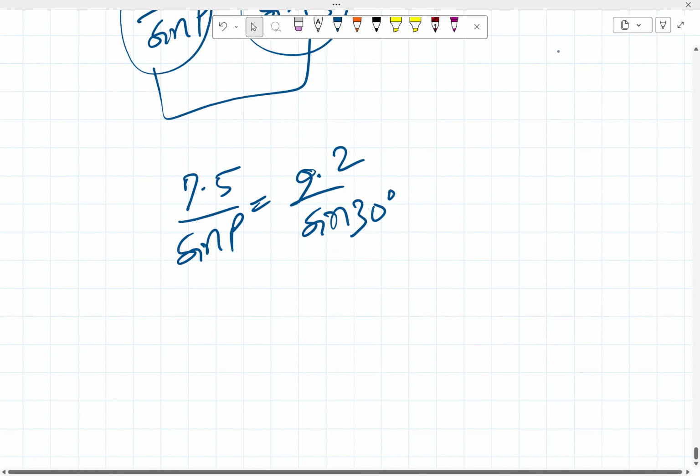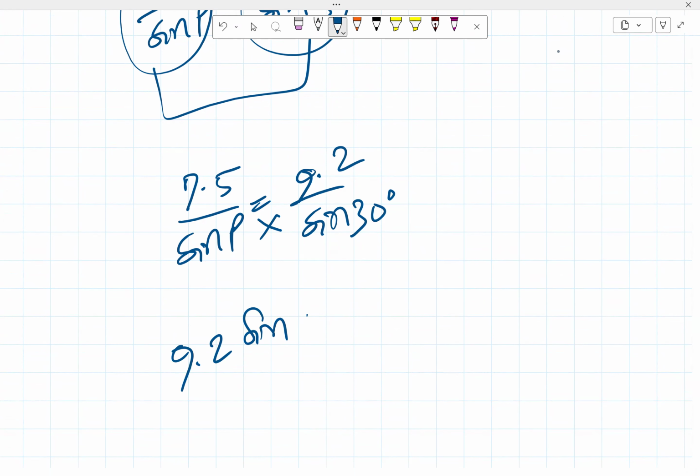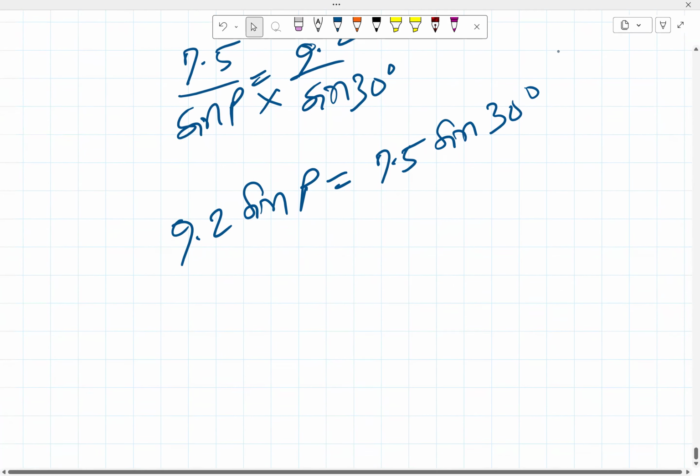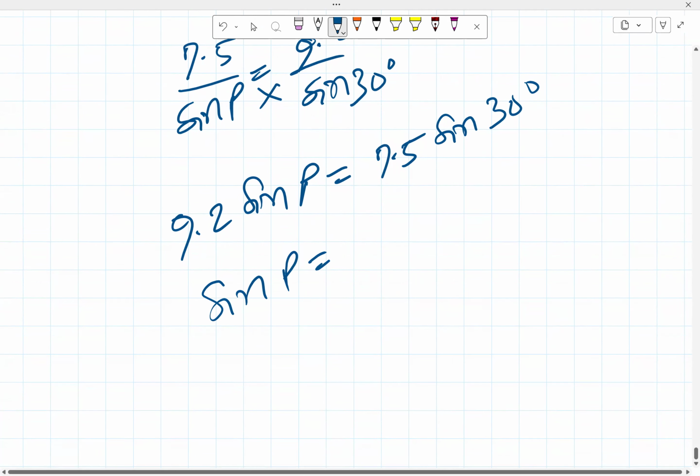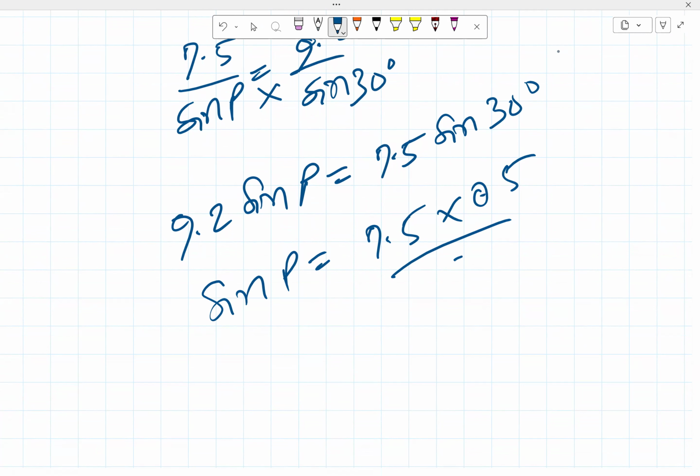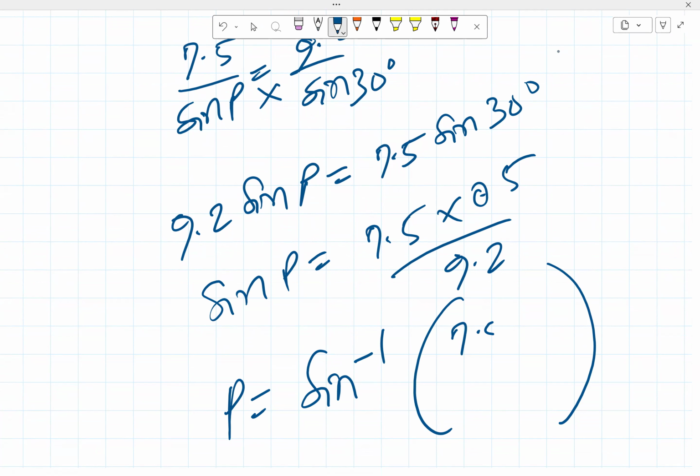You can cross multiply: 9.2 sine P is equal to 7.5 sine 30 degrees. So sine P is 7.5 times 0.5, since sine 30 is 0.5, all over 9.2. Then P is going to be arc sine of whatever you get there.